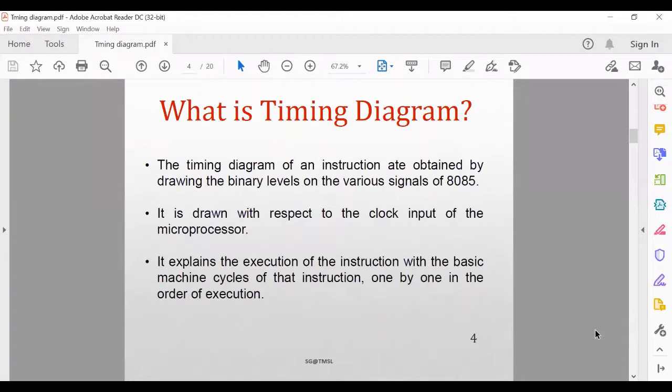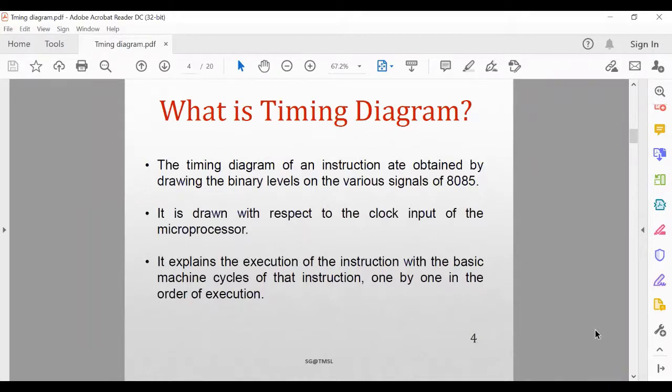So what is a timing diagram? The timing diagram of an instruction is obtained by drawing the binary signal levels on the various signals of the 8085, and it is always drawn with respect to the clock input of that microprocessor.